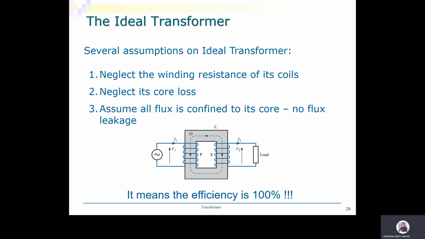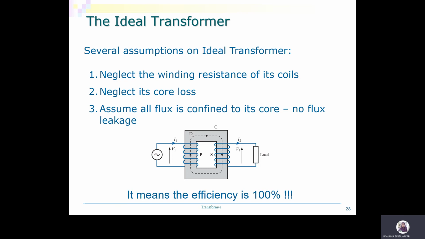Okay, so first of all, we will discuss the ideal transformer. So actually in transformer we have two conditions, which is the ideal transformer and practical transformer. So what is ideal transformer? Several assumptions on ideal transformer.